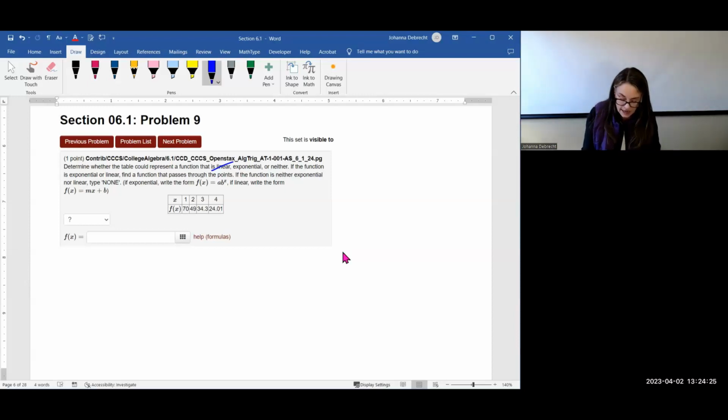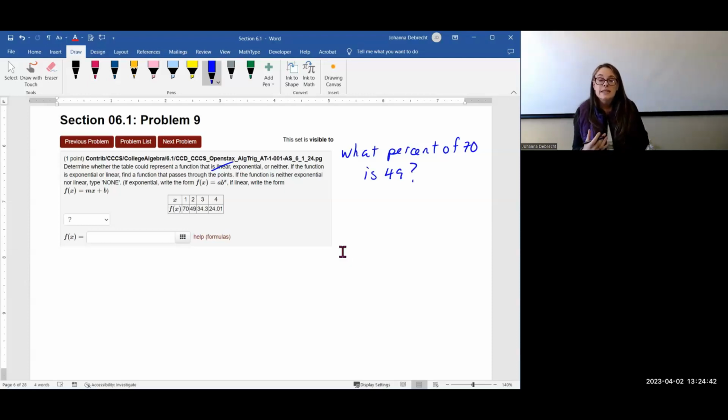So what I'm actually asking is, what percent of 70 is 49? Now, if you're asking that question, you're asking, is it changing by the same percentage each time? The percentage means that it would be exponential.